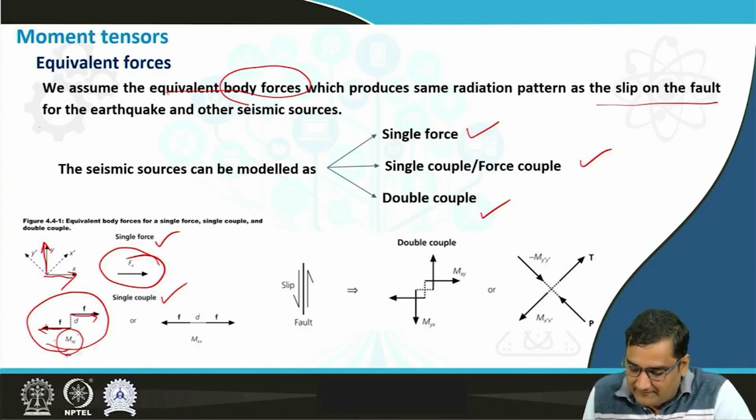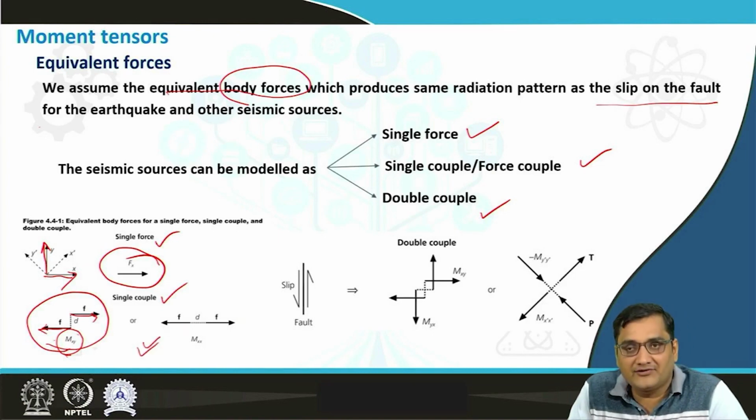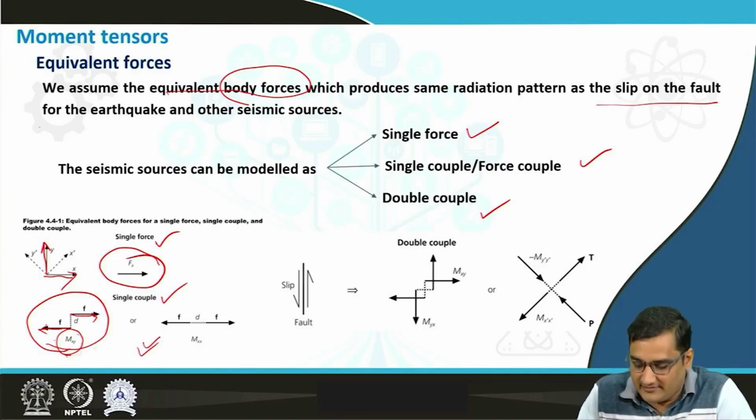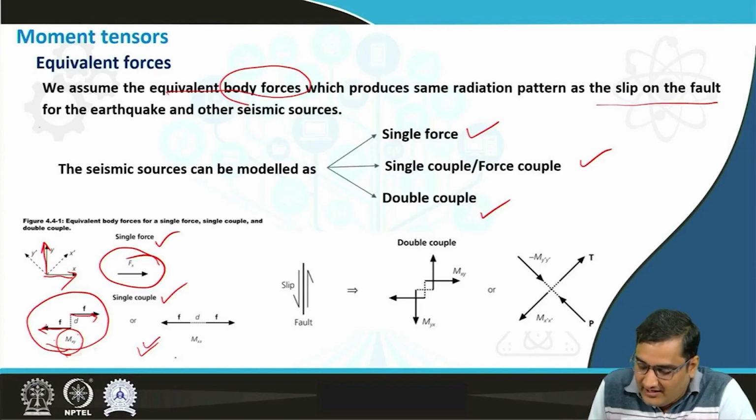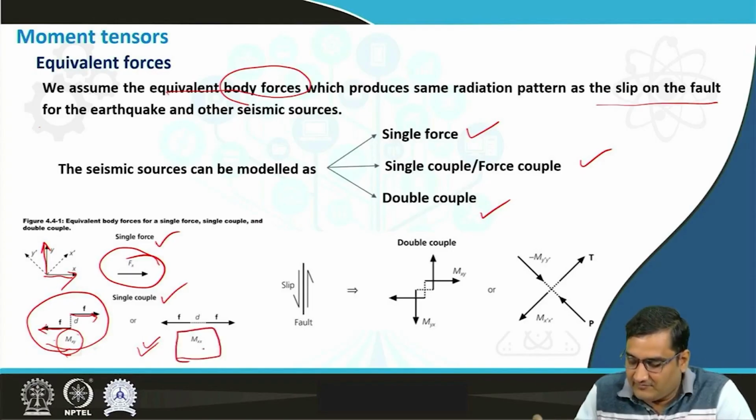Or the single couple can be represented by this force where the distance is along the x direction and forces are acting in the plus x and minus x direction, and this will be known as Mxx.